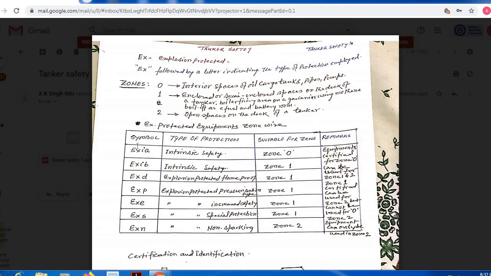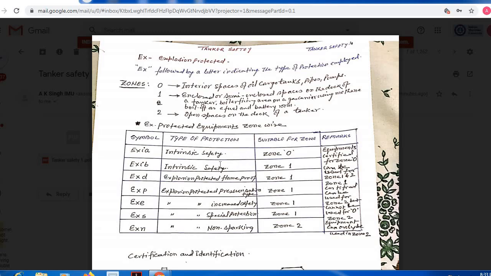EXIA provides intrinsic safety in a circuit against 2 faults. EXIB provides intrinsic safety for 1 fault in a circuit. So this is the only difference. From that point of view, EXIA has a higher standard of safety as compared to EXIB.